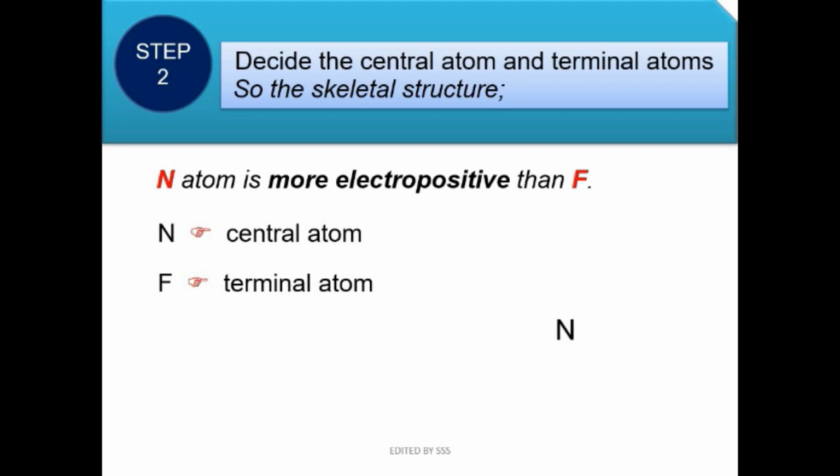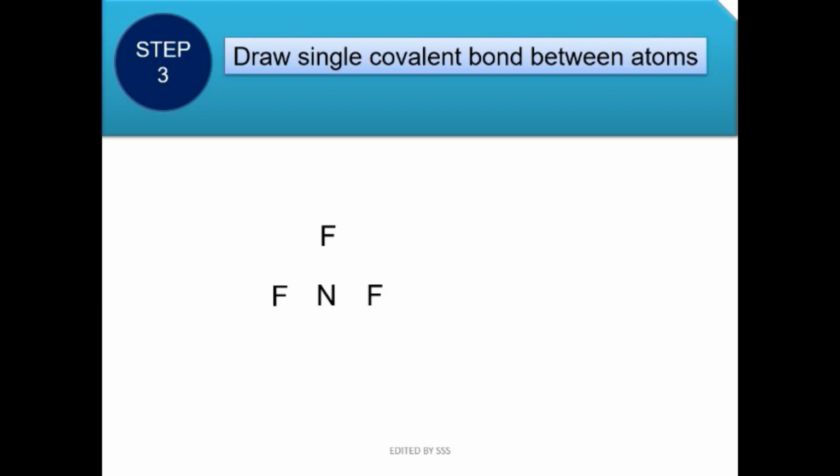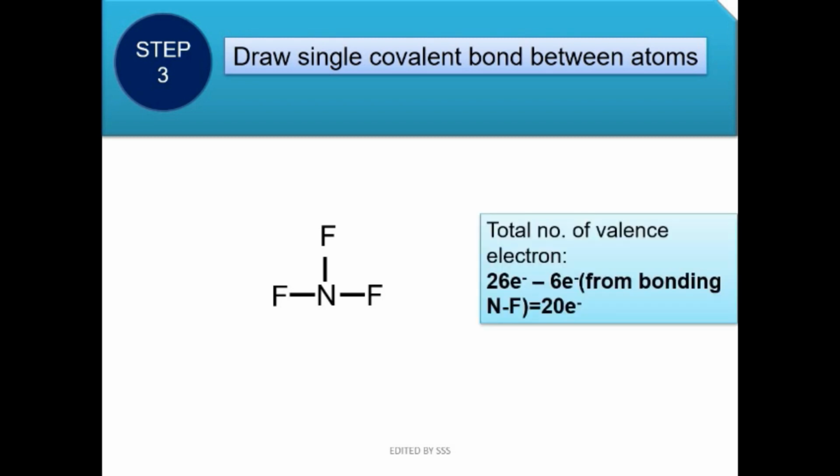Place nitrogen in the middle while fluorine atoms around it. Step 3. Draw single bond between nitrogen and fluorine atoms. We used 6 electrons in drawing 3 single bonds, therefore 20 electrons remaining.